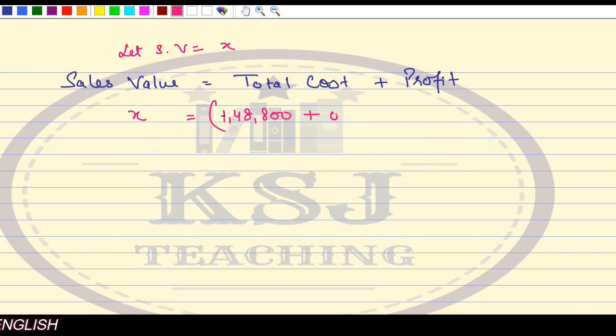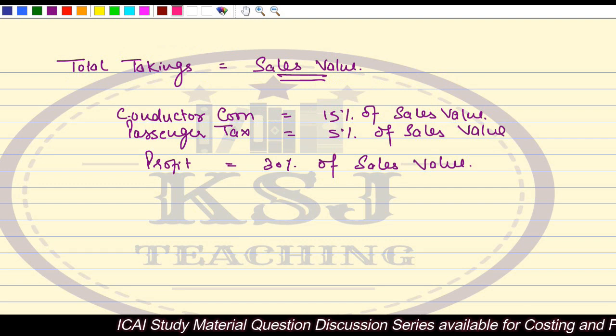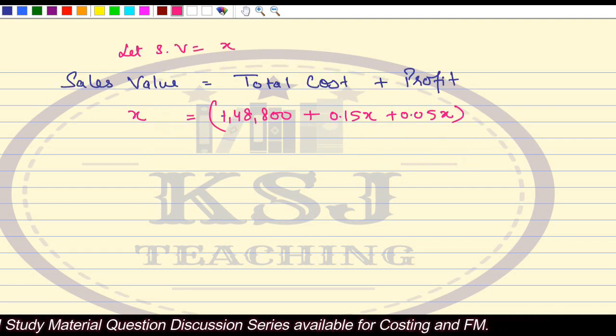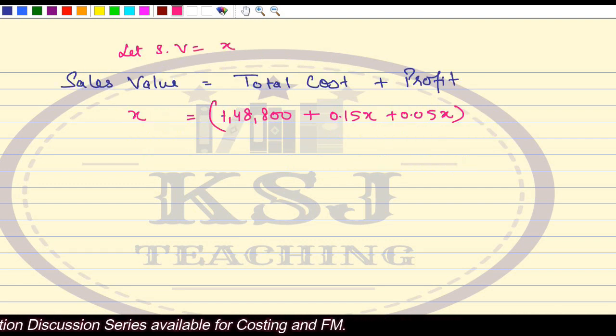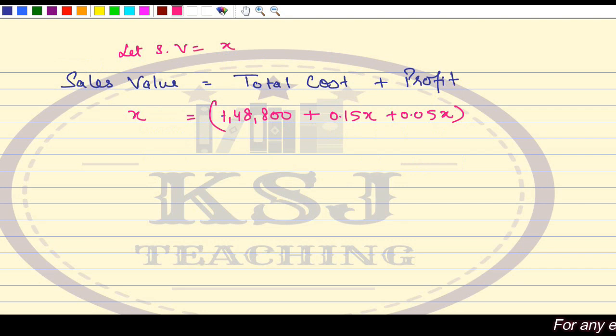So we can write 0.15x plus 0.05x. Any doubt? 15% of sales value X is 0.15x. Passenger tax is 5% of the sales value, so 0.05x.